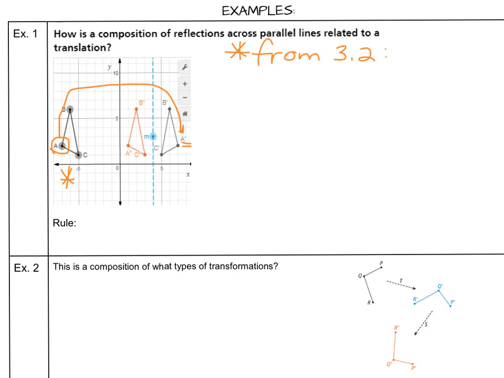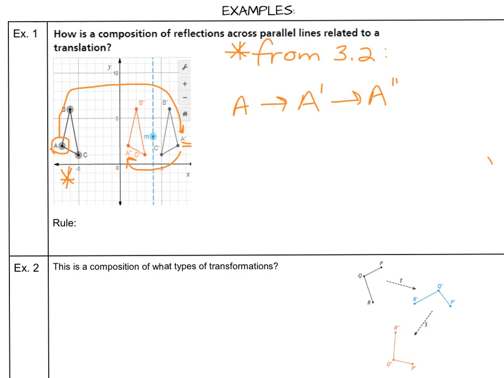So that would technically have been our image. But for a translation, it has to go again over another line. So now it's going over that line M in blue. And now A translates to A double prime. So we went from A to A prime using a reflection and then to A double prime. We're going to have all 3 of these types of letters on our new graphs for glide reflections as well.